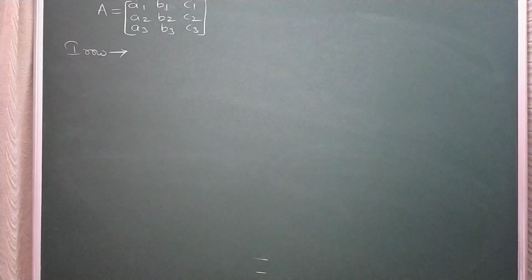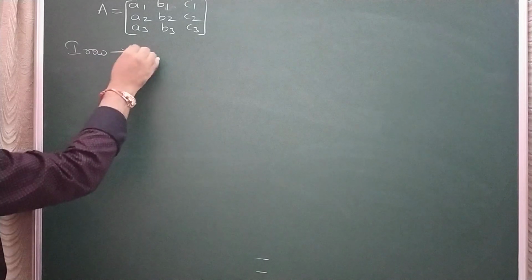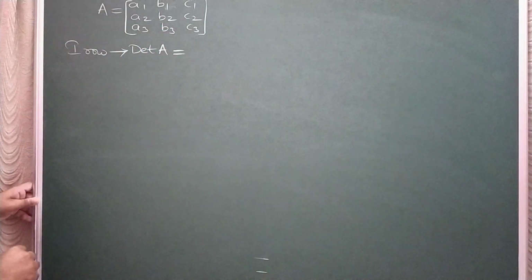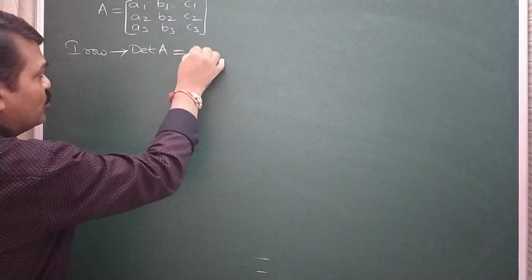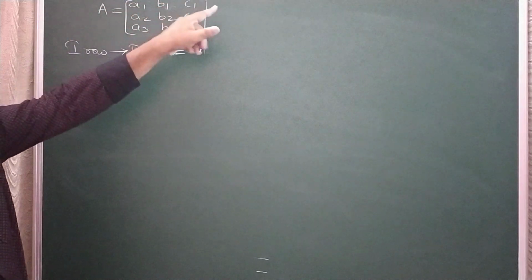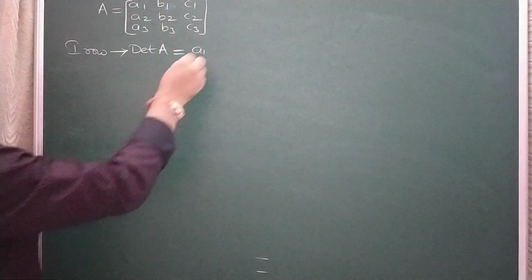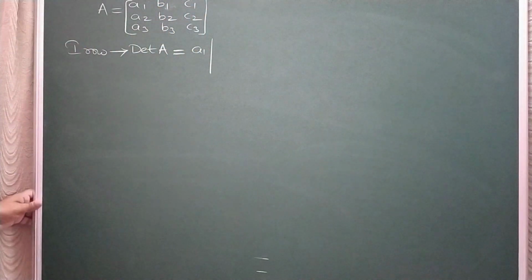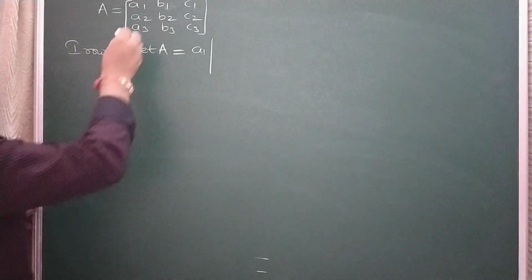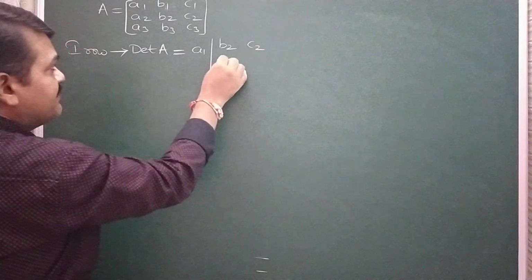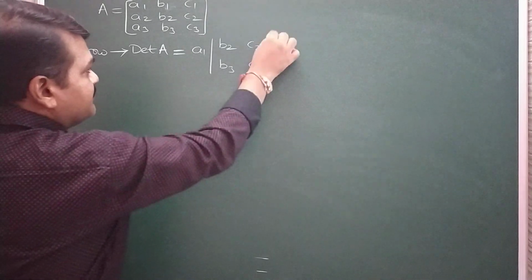Det A is equal to A1 into its minor, because I am already taking the signs here. What is the minor of A1? Remove the row and the column in which A1 is present. So remove first row, first column. The determinant of the remaining part means B2, C2, B3, C3.